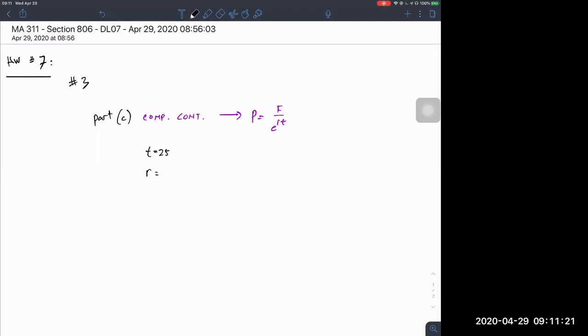R is, what did I give you? 6 4/5, so that's 0.068. And then you have a P and an F, and hopefully you realize that when they told you a goal of 200,000, that's the amount that you plan on having, at some later date, and that makes you realize that you're solving for P.